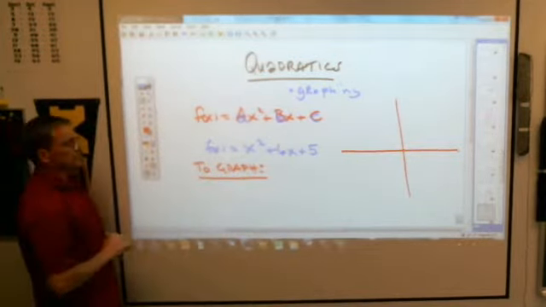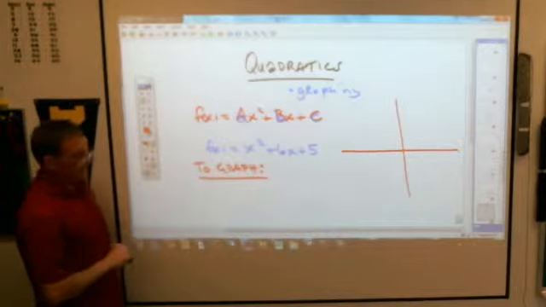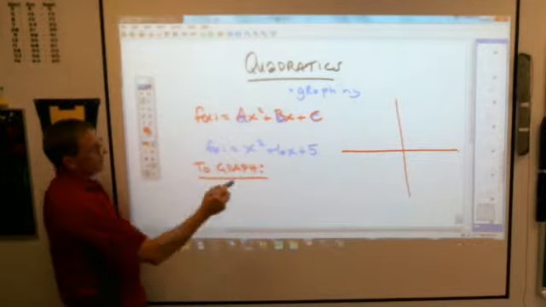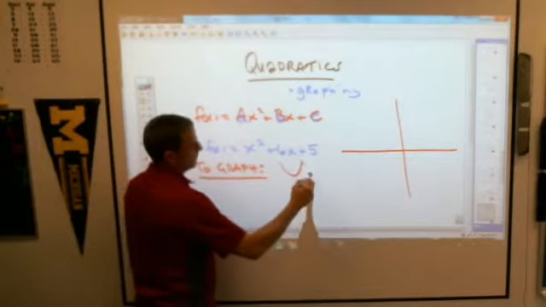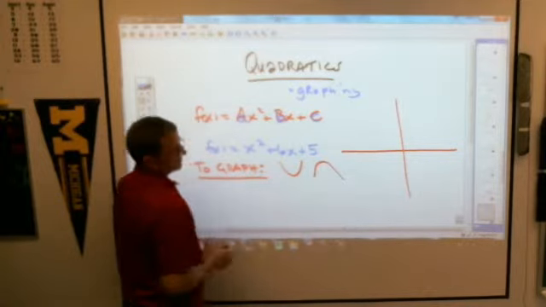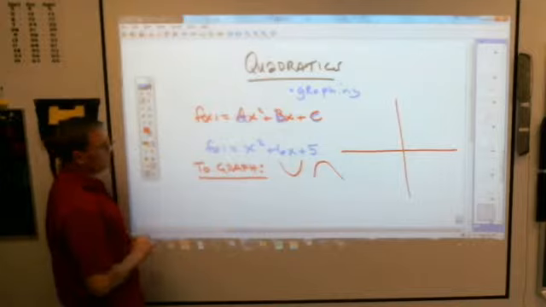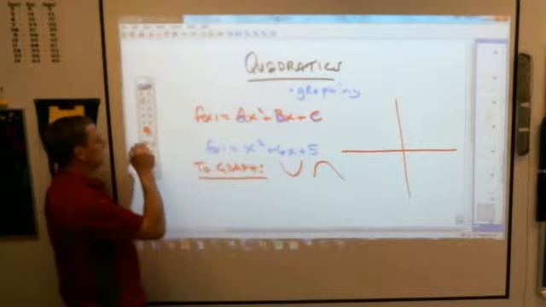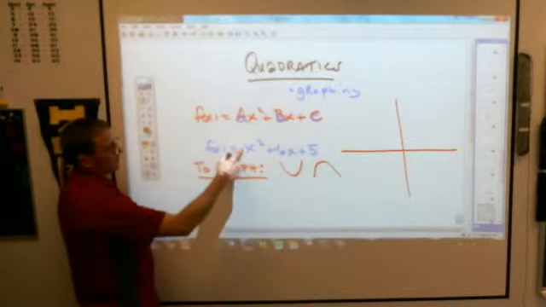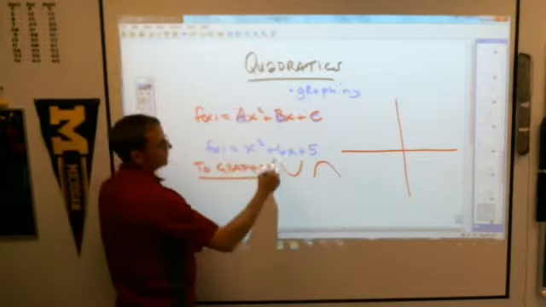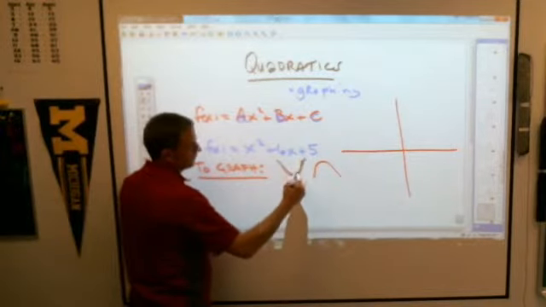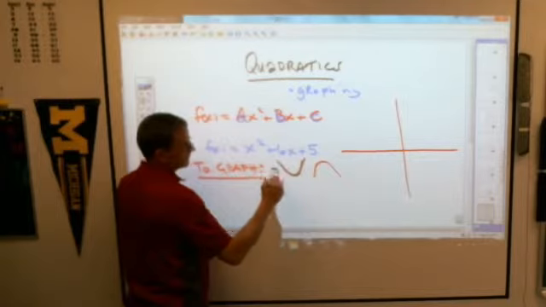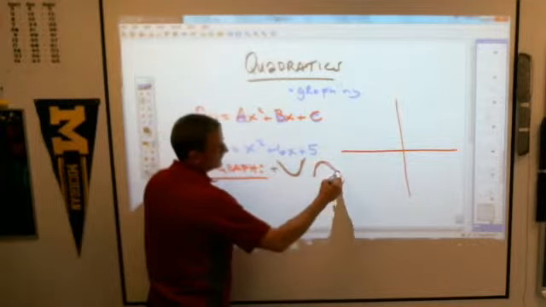Your parabola is either going to open up like this, or it's going to open up like this. What tells you that is negative x squared or positive x squared. If it is positive, you get this shape. Just go in knowing that. This is positive. Upside down is negative.